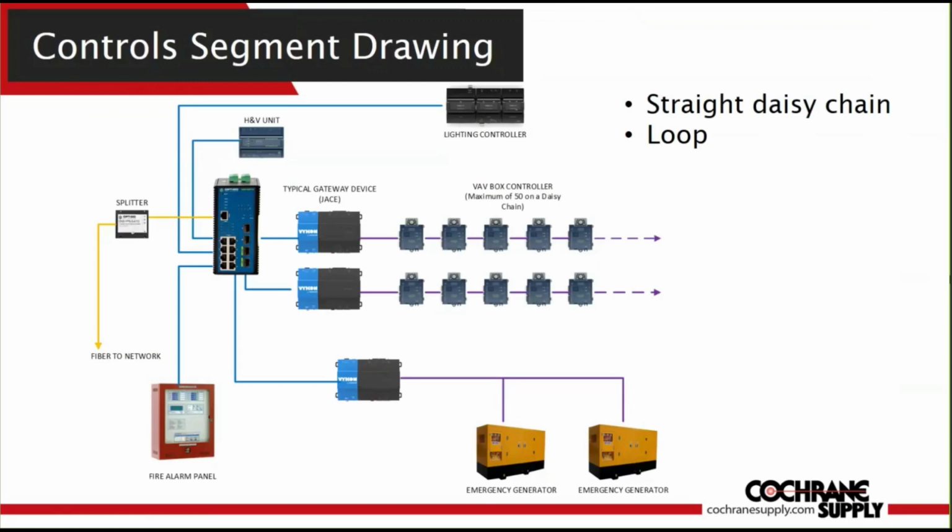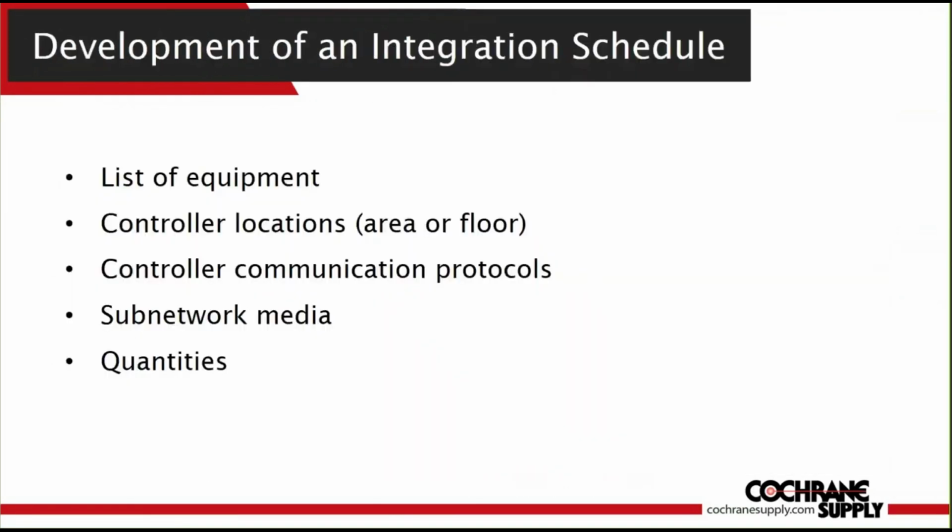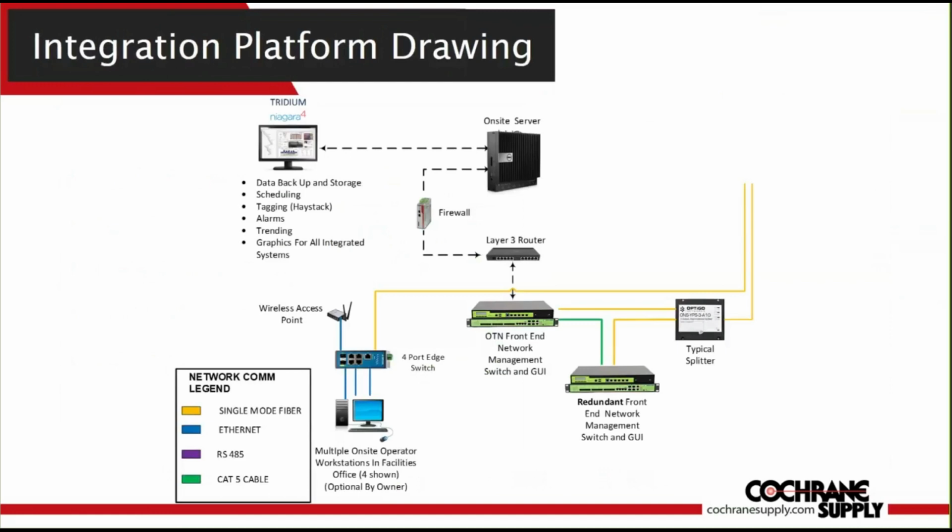So let's take a look at the overall topology. Okay, so now we've taken a look at the front end or our integration platform, right? So we know all of the hardware and software is going to be in our front end for our network, right? So now we've got it all in a cabinet.